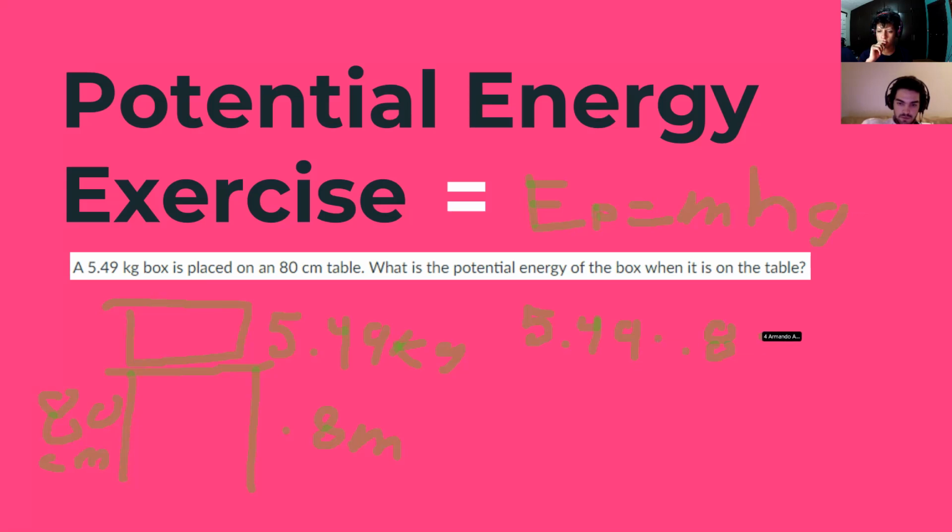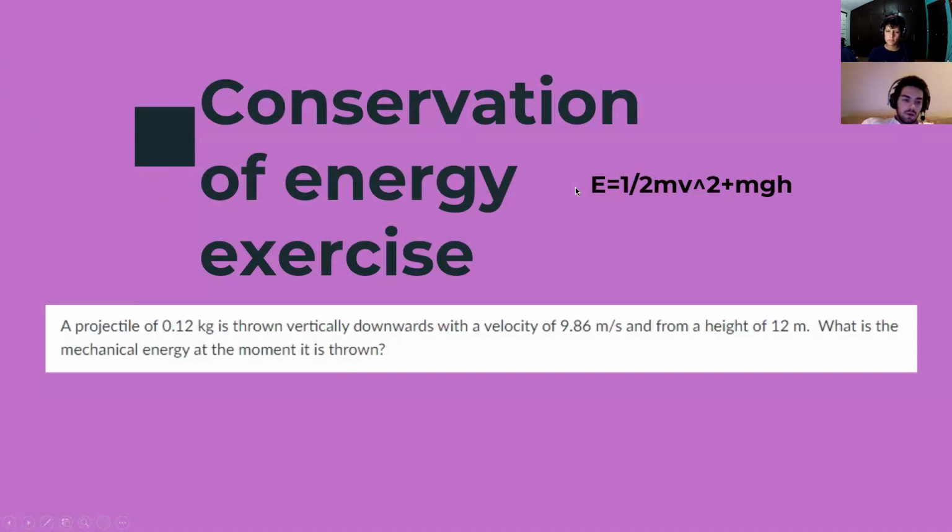And the box is over an 80 centimeter table, but we need to transform it into meters, so it's 0.8 meters. And well, according to the formula, and the formula is the mass times the height and times the gravity.